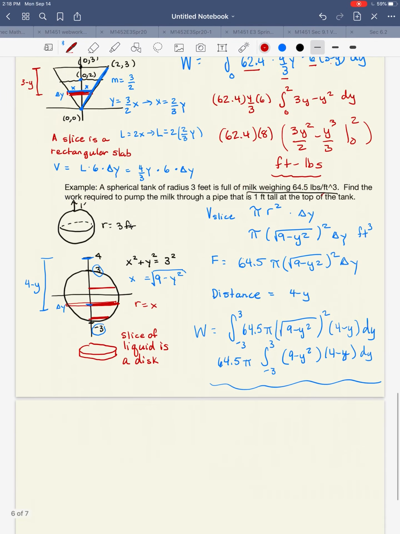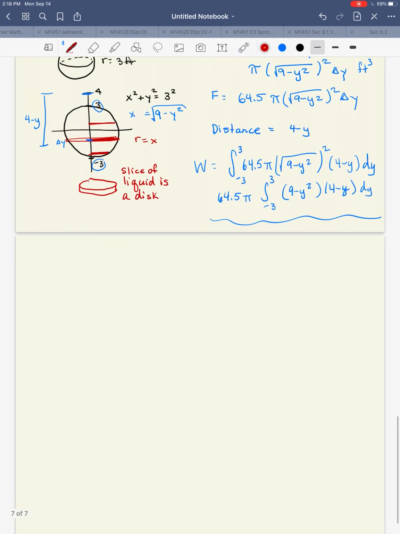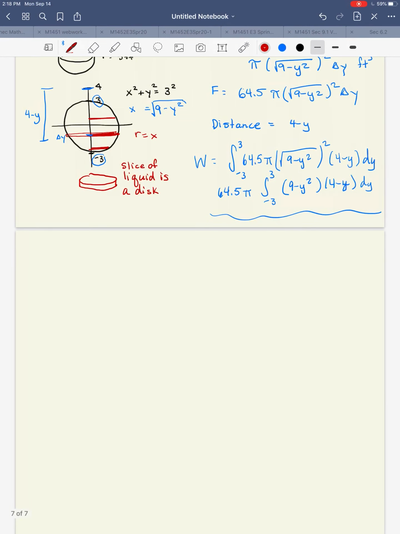So if you can remember that you find your work by finding the shape of the slice, then you find the volume of the slice based upon its shape. It might be constant, it might change depending on the shape. Multiply it by the density of the liquid.